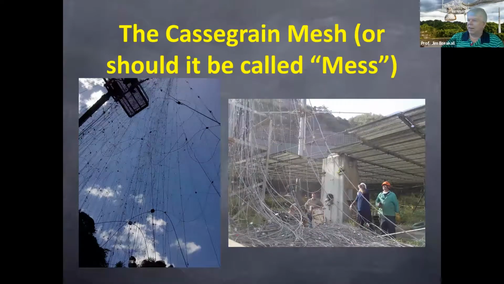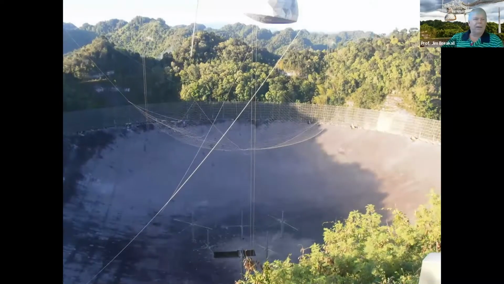Anyway, this is the Cassegrain mesh that you saw hanging, but before it's put up, it looks like this, and I actually call it the mess, because it is a tremendous mess of wires and things crisscrossing and so forth. But when it does get up, it looks like this.